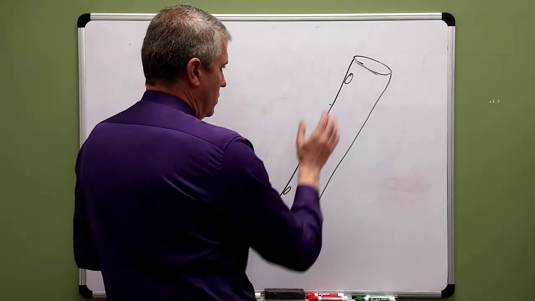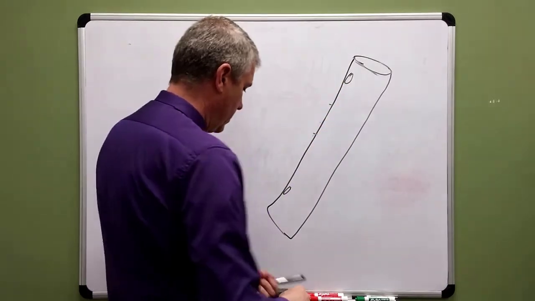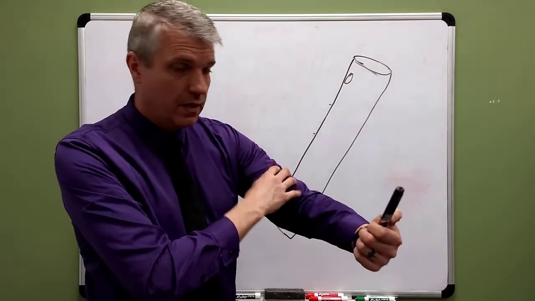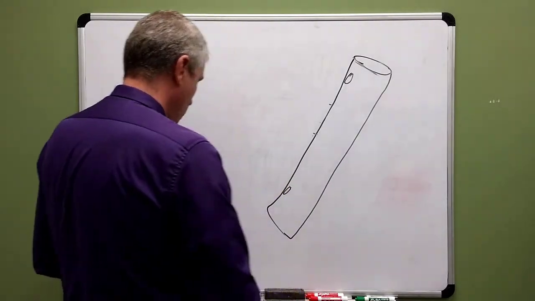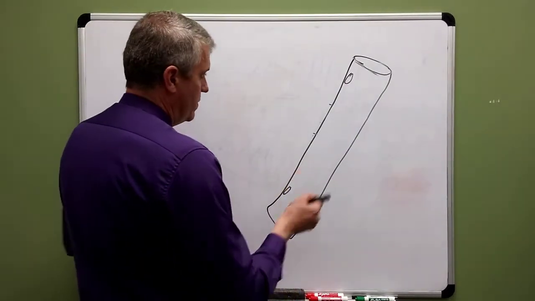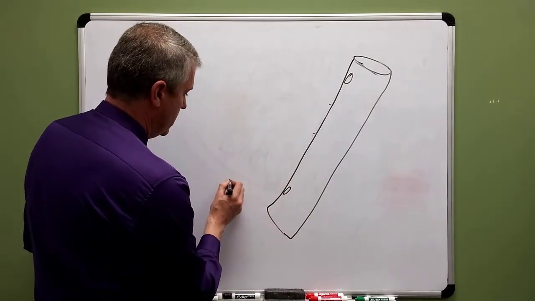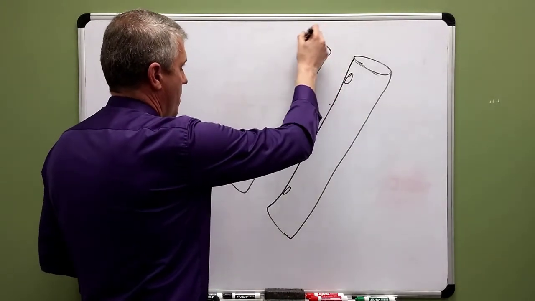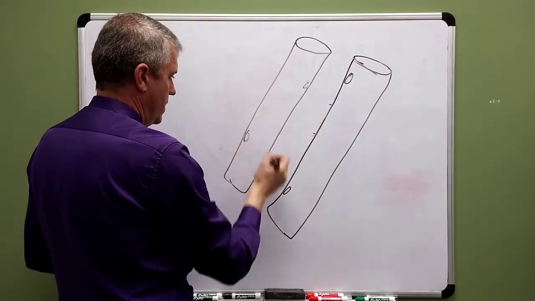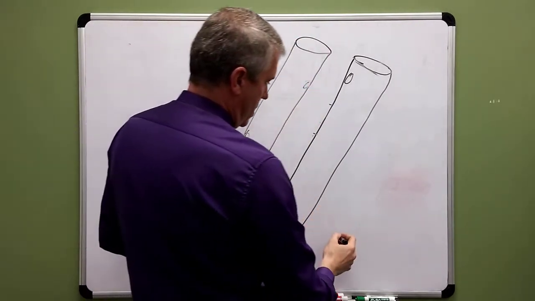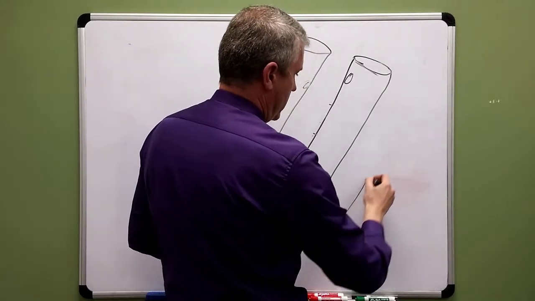So we've got one skeletal muscle cell here, and of course within a given muscle, there are thousands or millions of these skeletal muscle cells or muscle fibers. Let me represent a few more cells here. So there's one more muscle cell. I guess I'll put another one down here.